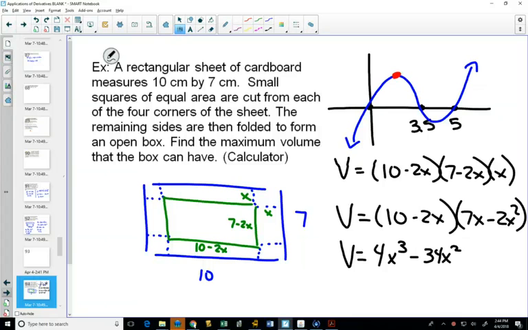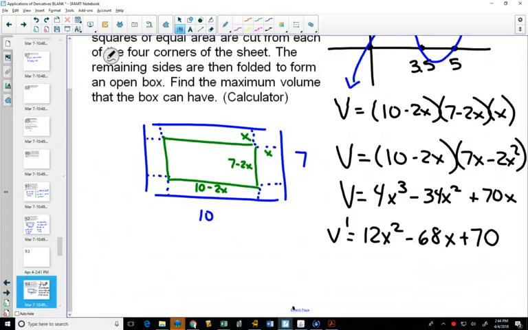For our x's, we're going to have plus 70x. So multiplied it out, and now we can find our derivative, and we get 12x squared minus 68x plus 70.